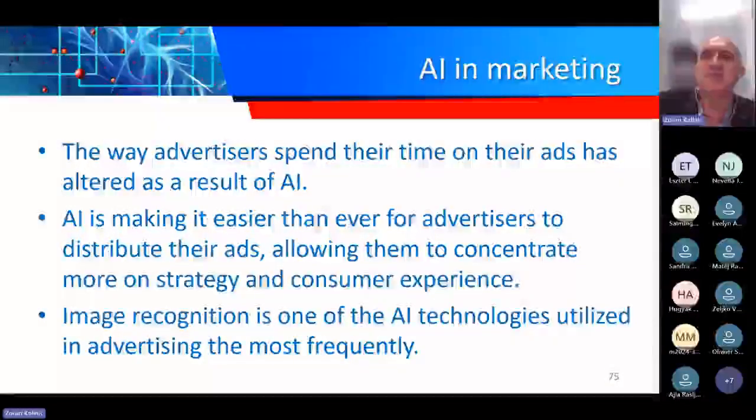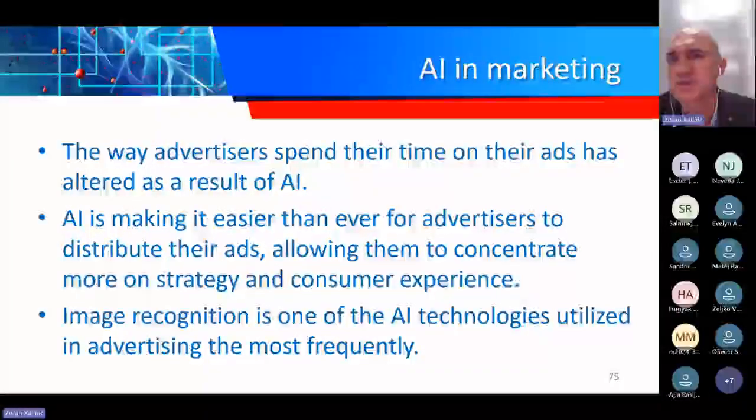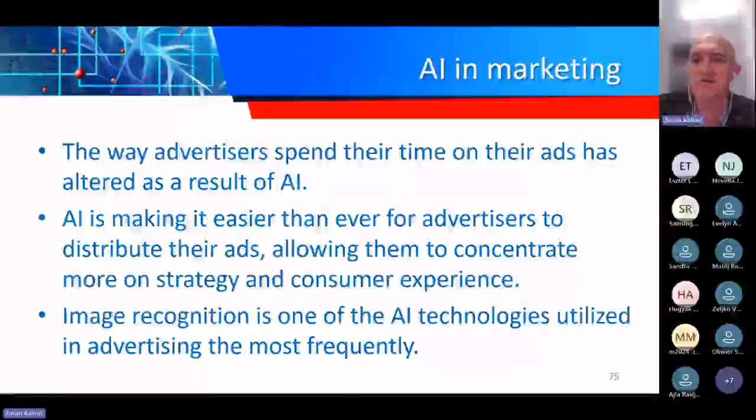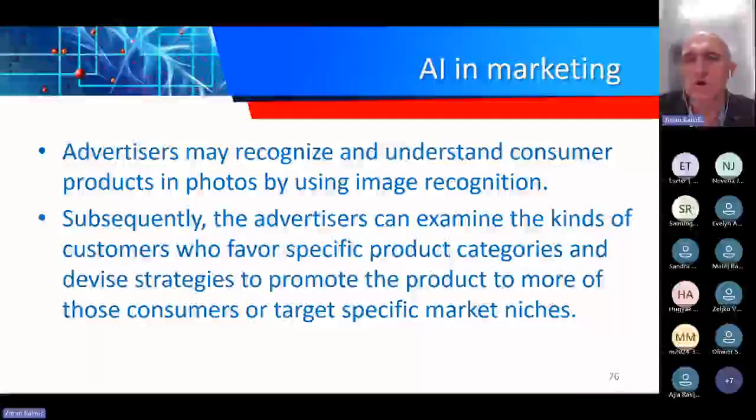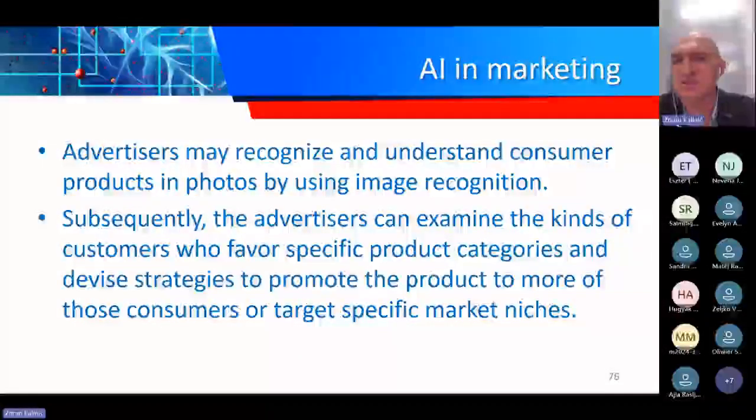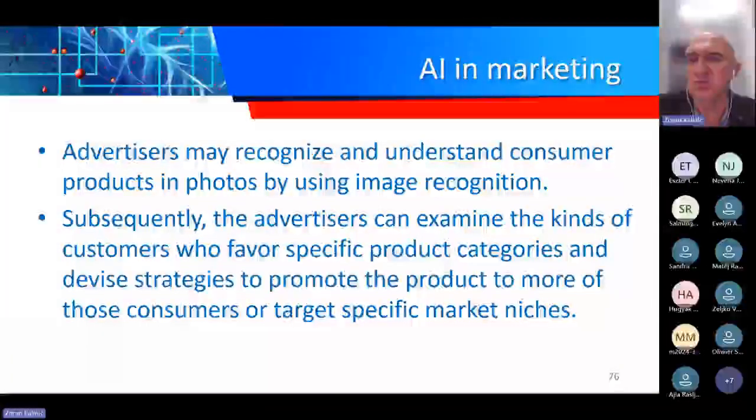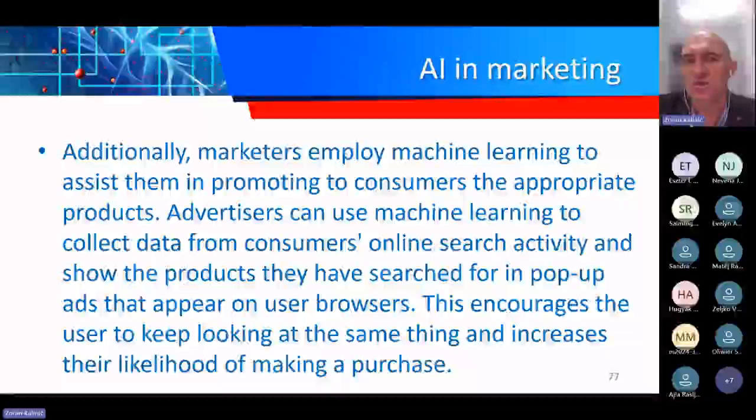And then they will start to present you ads with similar products with similar characteristics. So generally, the advertisers use different tools to approach existing and new customers and to promote the products to all of them.